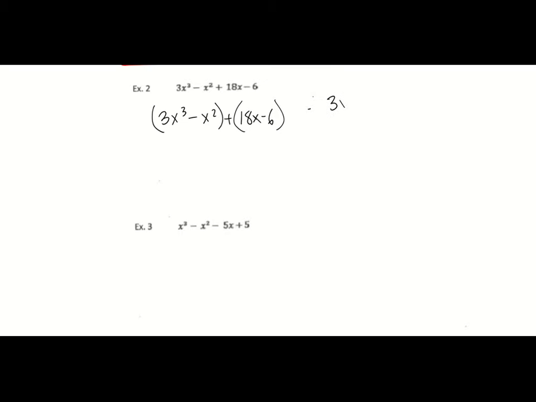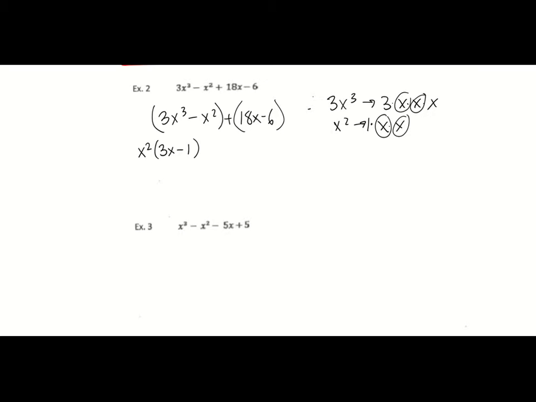If I start with 3x cubed and x squared, I see I can pull out 2 x's from each one of those. So if I have an x squared out front, that leaves me with 3x minus 1. Okay, because I have a 1 out front here.